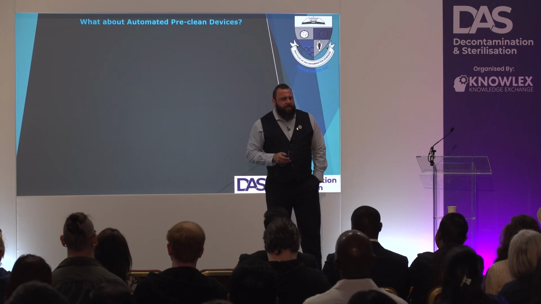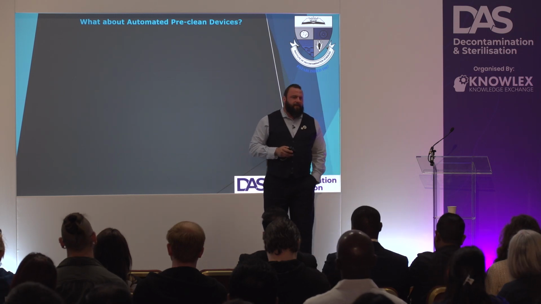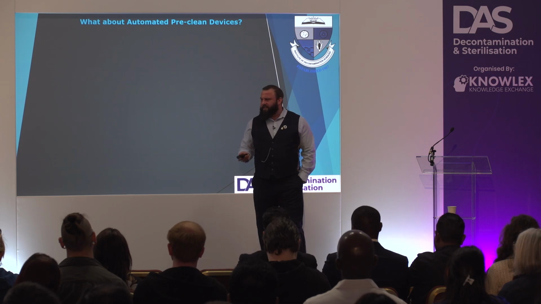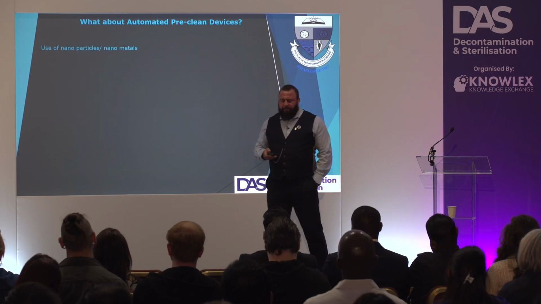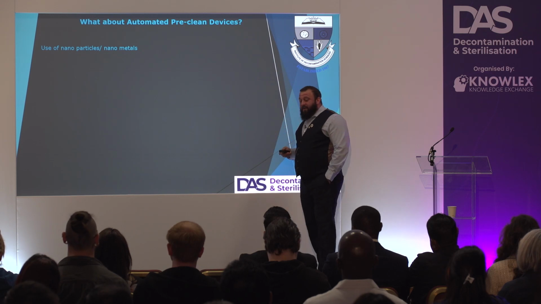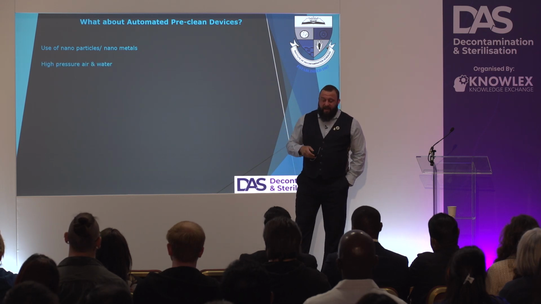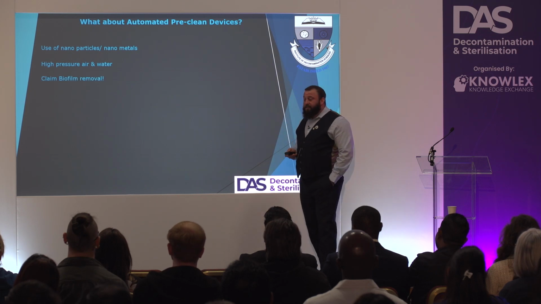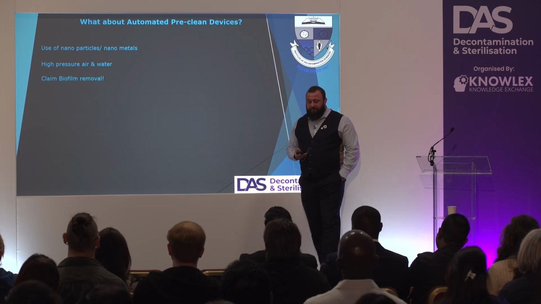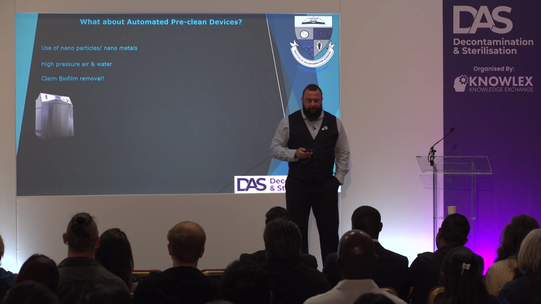So there's a lot of talk at the moment about automated pre-clean devices. We've got the flushing systems out there, but there's new technology coming out now. Some of them use nanoparticles, nanometals, high pressure air and water in combination. And some of them are even claiming biofilm removal. That's a bold claim.